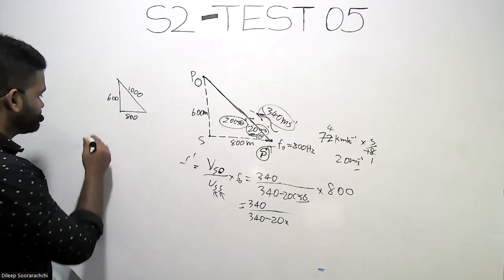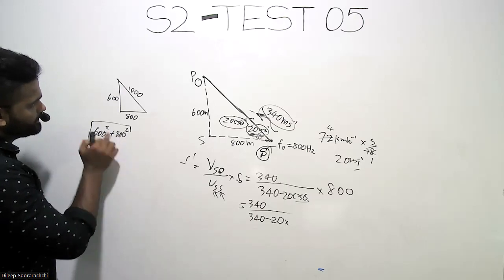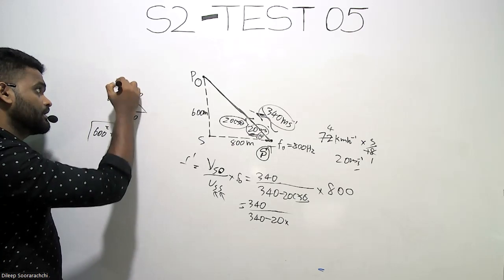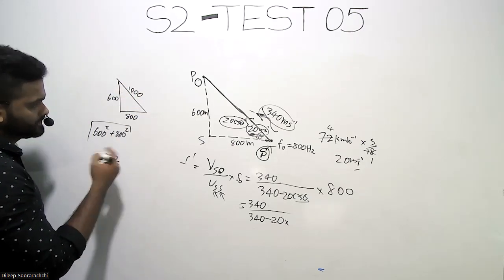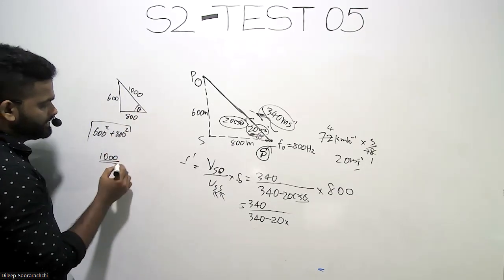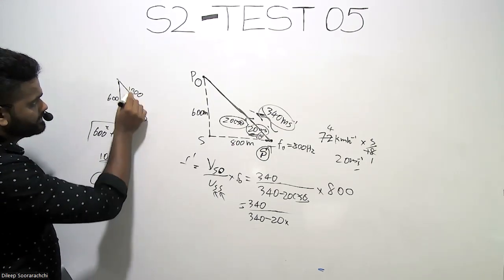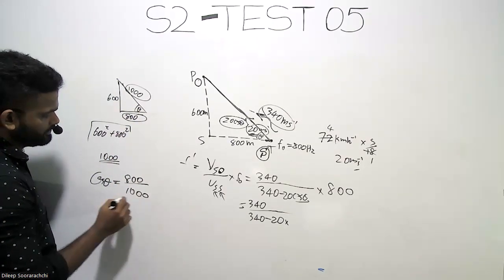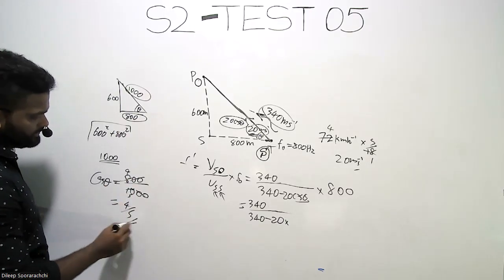The root of this should be the length of the hypotenuse, so it's just going to be 1000, right? So this is theta, but what we need is cos theta. Cos theta is adjacent divided by hypotenuse, so it is 800 divided by 1000. So cos theta is 4 over 5.